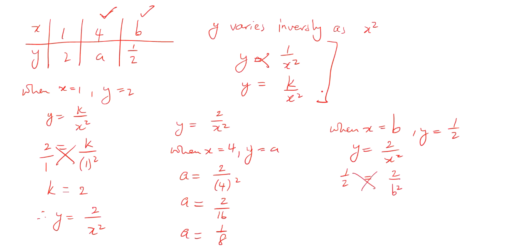So we can cross multiply here. So 1 by b squared will give me b squared, 2 by 2 will give me 4. So therefore b is equal to the square root of 4. So therefore b is equal to 2.